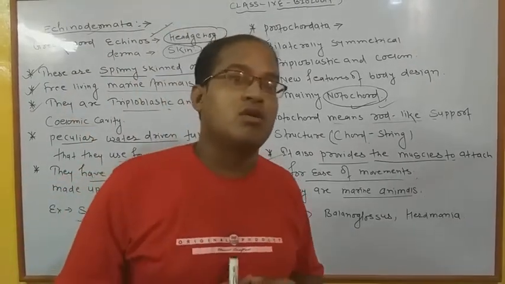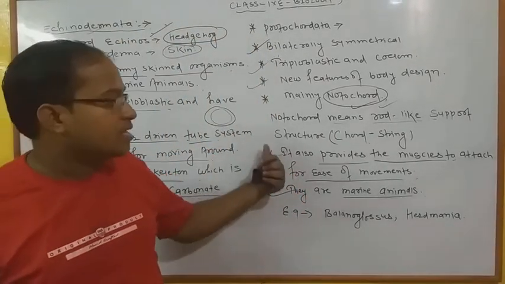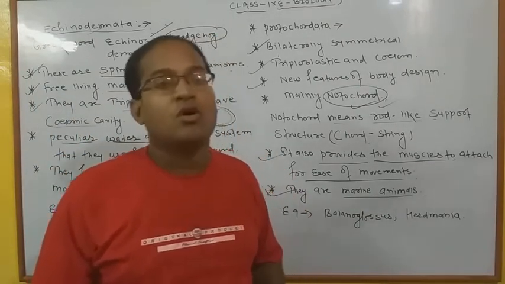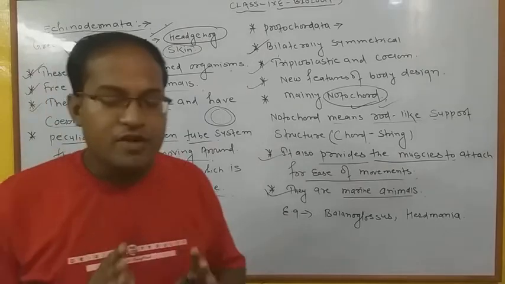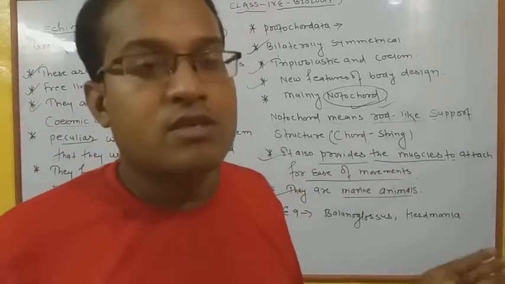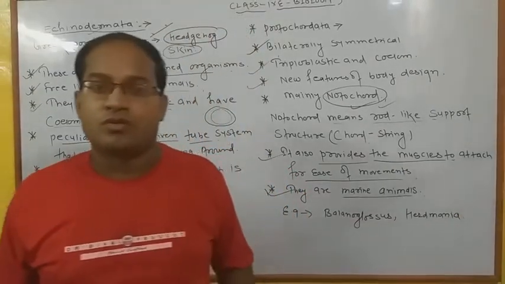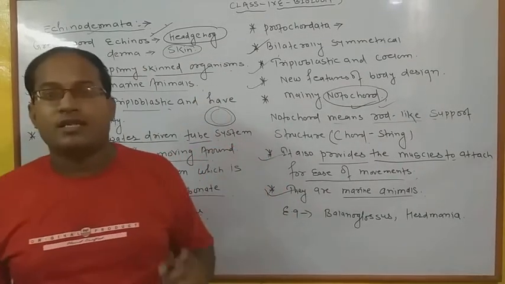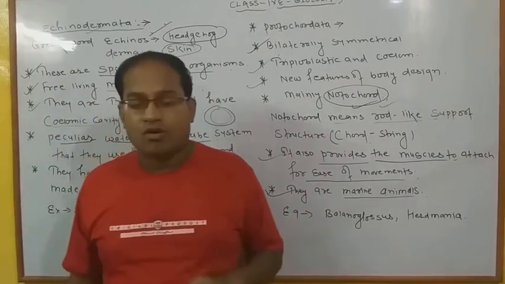The next phylum group of our important topic is vertebrates, because vertebrates have different properties which make them different from all the groups. And we will study 5 types of classes, which is the last part of this video.